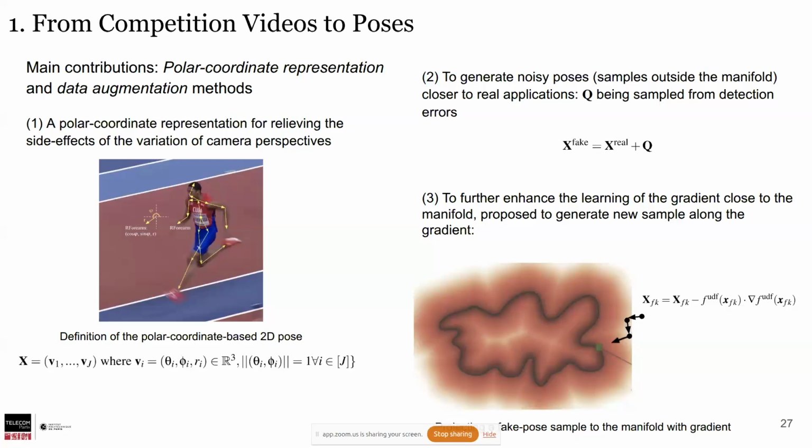The third point is that when we train the model with bad fake samples, which are outside the manifold, we don't only use them for training. We also perform gradient projection so that we make a correction with our current version of the field, and we recalculate the real distance, and we then further train our model with the newly generated datasets. So with this data augmentation method, we can use the data in a more efficient way.